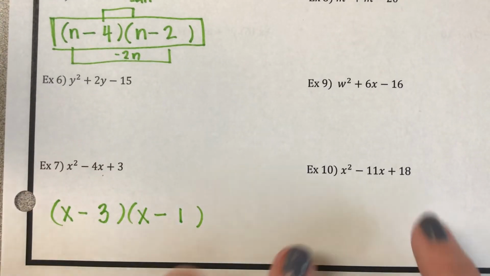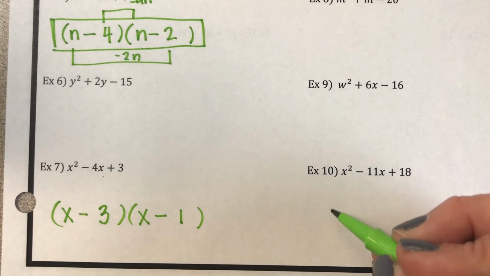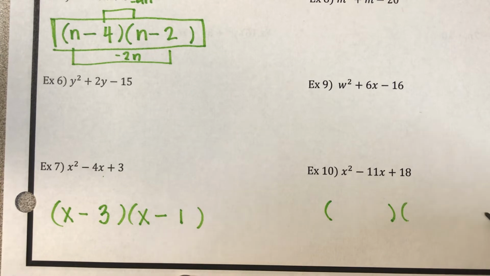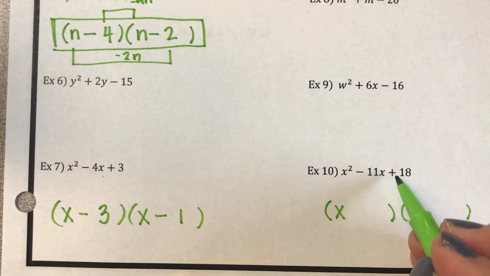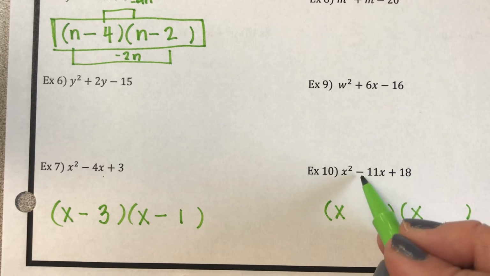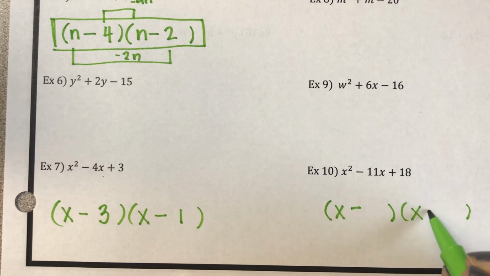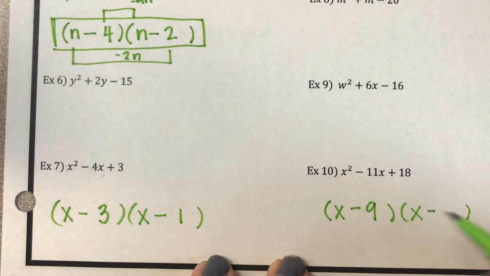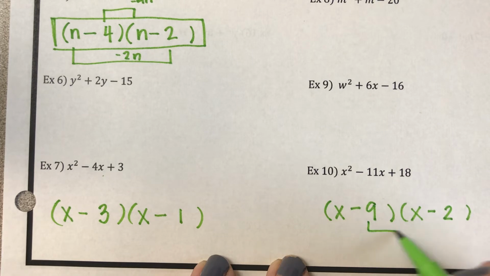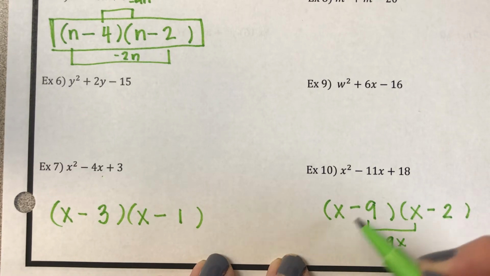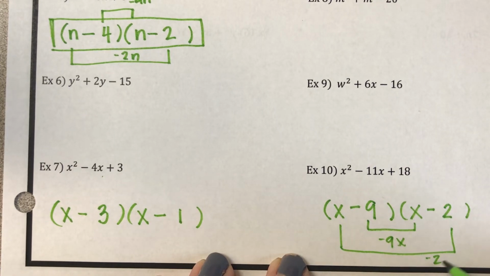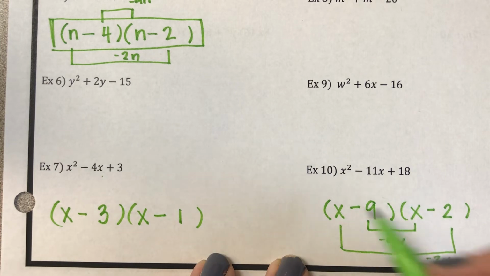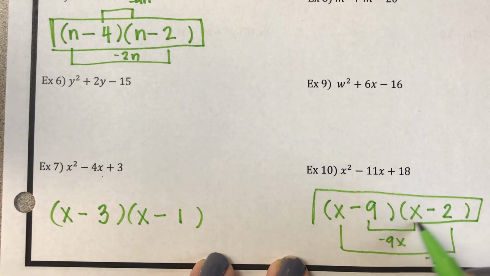Okay, and then the other one with a plus is this one right here. The plus sign is telling you 2 of the same signs, 2 minuses. What can I multiply to get 18 that adds to give me 11? 9 and 2. Negative 9x, negative 2x, that adds to negative 11x.